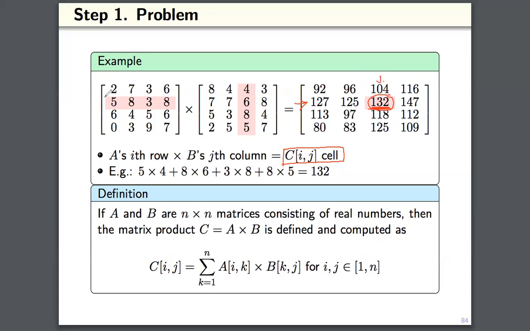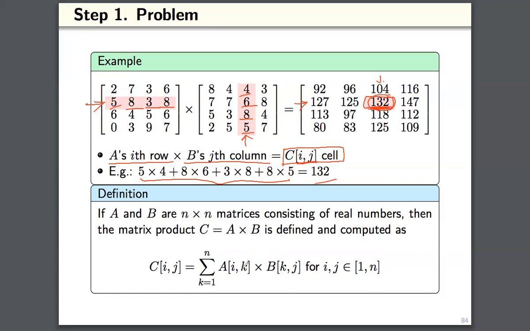You take the second row in A and the third column in B, and multiply each element: 5 times 4 plus 8 times 6 plus 3 times 8 plus 8 times 5, which gives you 132. Similarly, to compute C of i comma j, take the ith row of A, take the jth column of B, do this element-wise multiplication and add them up. You get the C of i comma j cell.